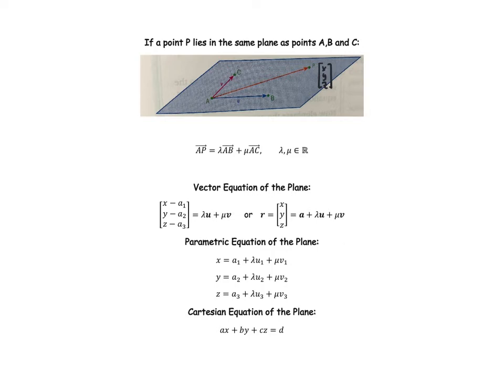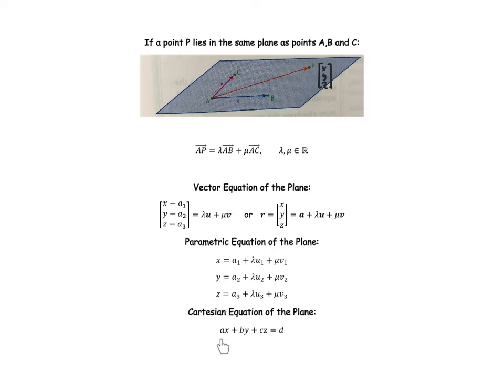Very similar to what we did with lines, we take the components of this location P, x, y, z, the components of A, which you could consider your starting point, and then we've got two vectors with parameters attached that send us to each of those individually. So of course you could see x is equal to a1 plus lambda u1 plus mu v1, y is equal to a2 plus lambda u2 plus mu v2, and then z accordingly.